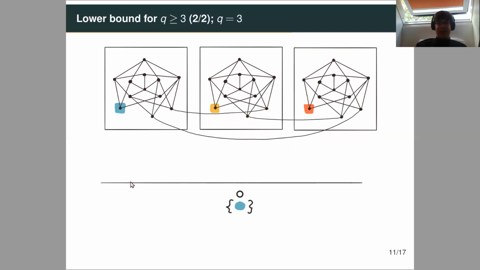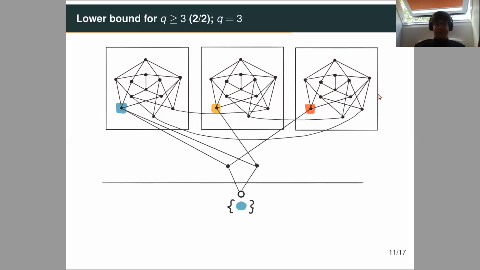Okay, so now how to use this gadget? Well, suppose we have a vertex whose list consists only of color blue. Again, we cannot connect this vertex directly to the gadget because we would be risking some triangles. So instead, we introduce 1 new vertex for each color that we want to forbid.